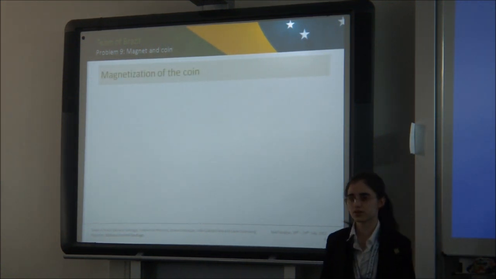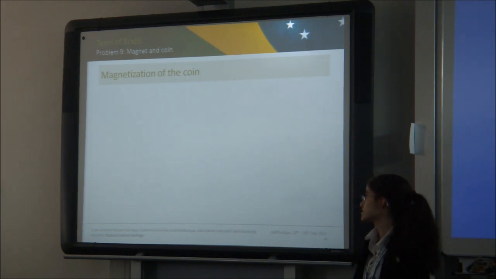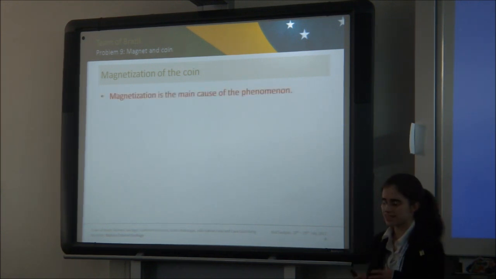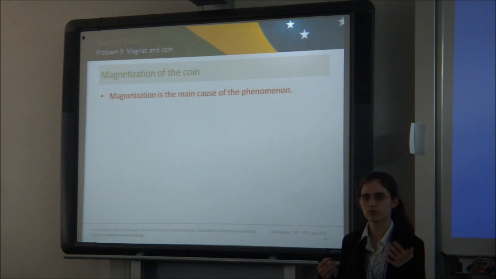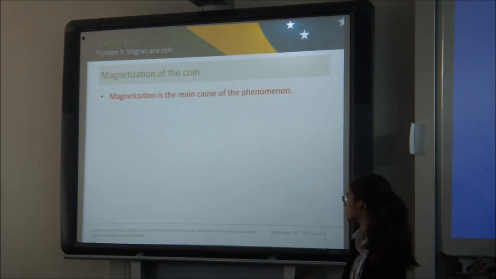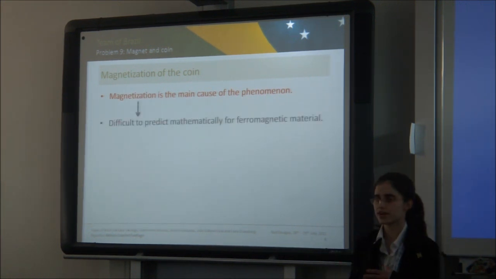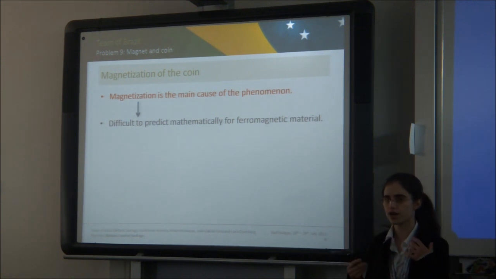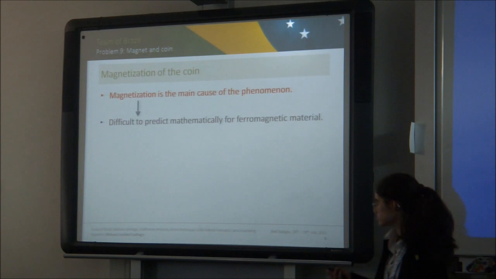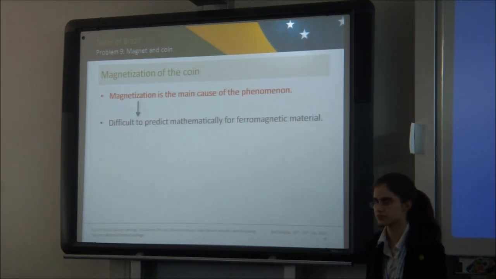So first I'd like to talk a bit about the magnetization of the coin. Magnetization is the main parameter for the effect to happen. We do know this. However, it is too difficult to quantify the magnetization for the shape of the coin, and in particular for ferromagnetic materials in general.